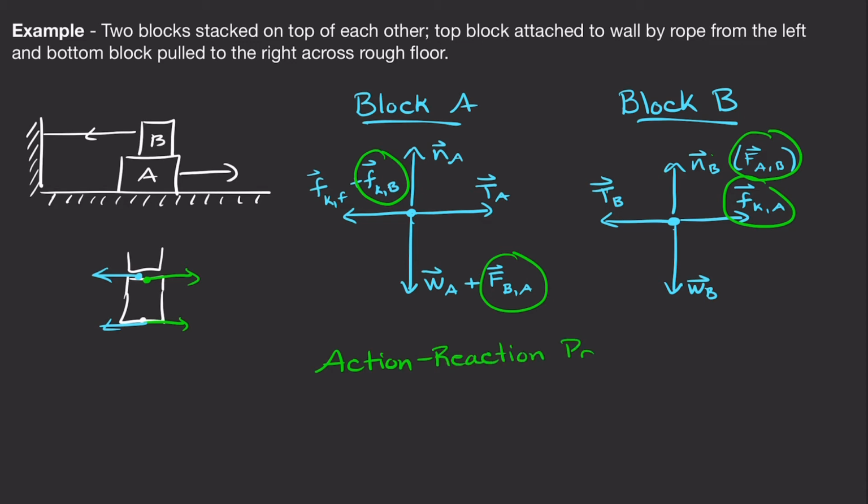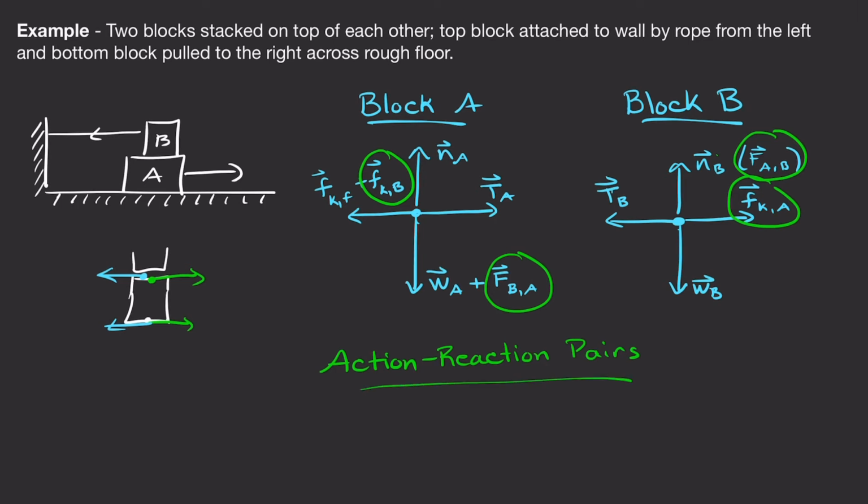Notice the pairs of forces occur in different free body diagrams. You never have both forces in the pair occurring in the same free body diagram or on the same object. One of the forces is from the first object acting on the second, and the reaction is the force from the second object acting on the first object. These should be equal and opposite.